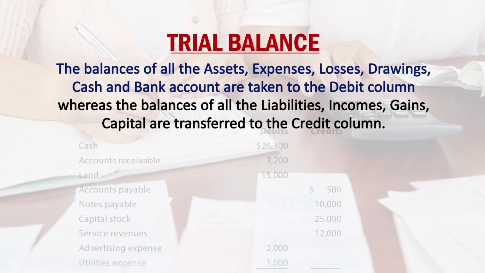The balances of all the assets, expenses, losses, drawings, cash and bank account are taken to the debit column, whereas the balances of all the liabilities, incomes, gains, capitals are transferred to the credit column. So, here it is very important to note what balances are recorded in the debit column of a trial balance and what balances need to be recorded in the credit column.